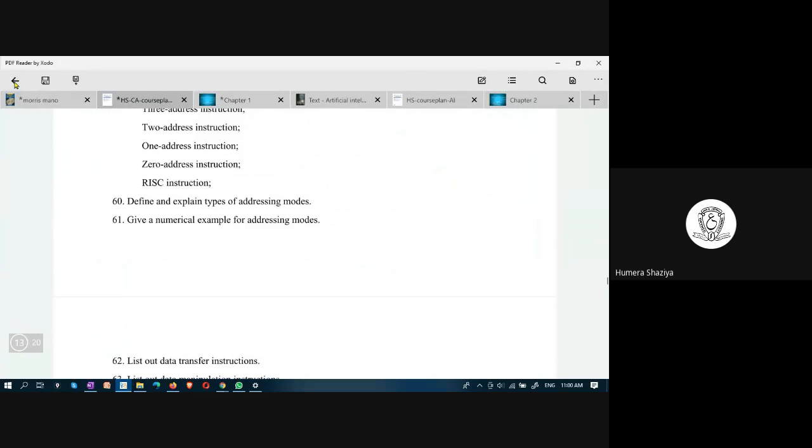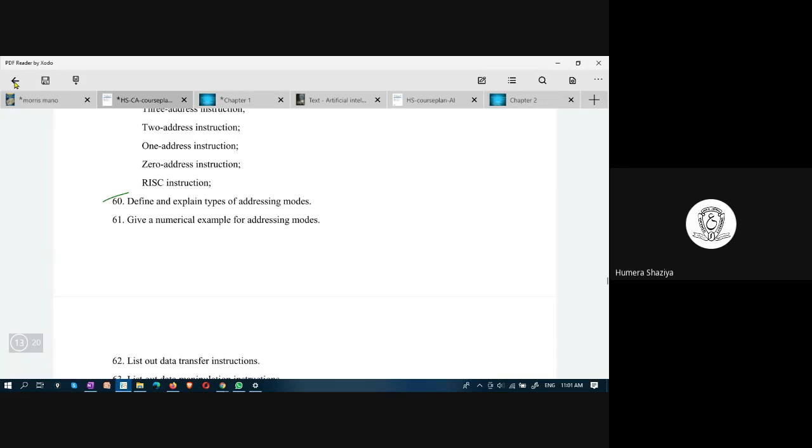Then you have to define and explain addressing modes. 10 are there: implied, immediate, direct, indirect, register, register indirect, auto increment, auto decrement, direct, indirect, index, relative address, and base address. All those 10 you have to define and explain.